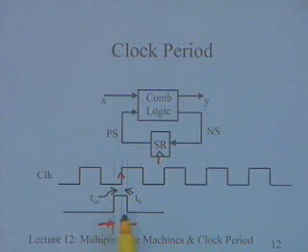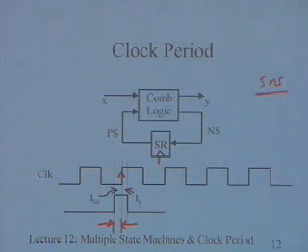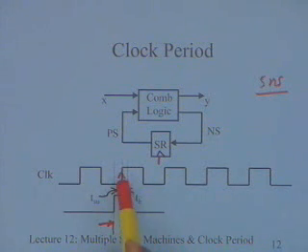The implication of this is, let us say the setup time for a particular flip-flop is 5 nanoseconds. If the clock comes at, let us say, 20 nanoseconds, then after 15 nanoseconds the input should not change. That is the implication.